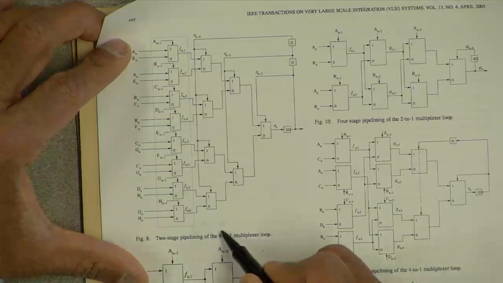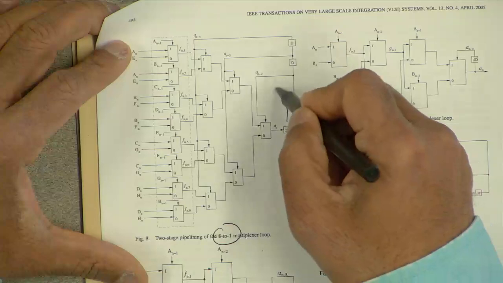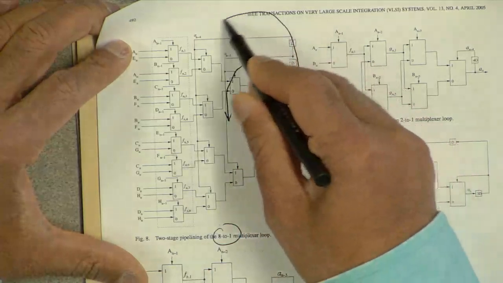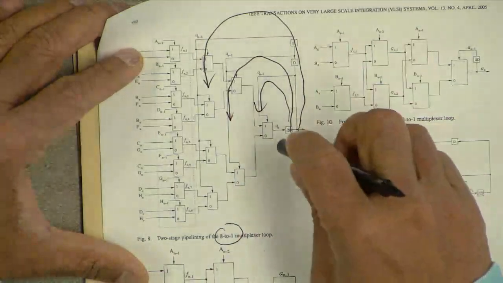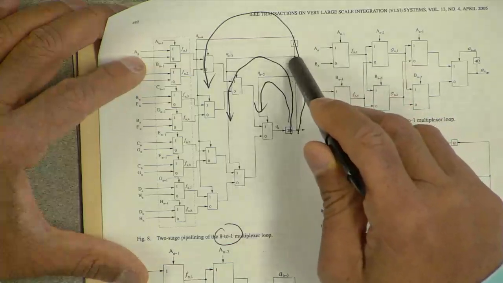So this is an 8 to 1 multiplexer loop, and you can see here the 3 levels of nesting. So there are 3 levels of nested feedback loops. The inner loop has 2 delays and the middle and outer loops have 1 and 1.